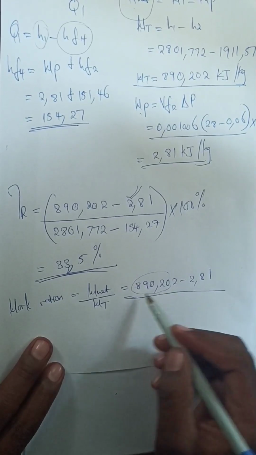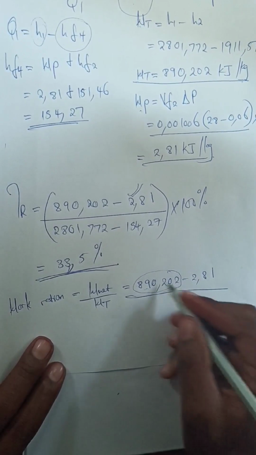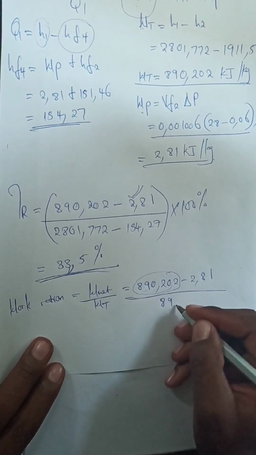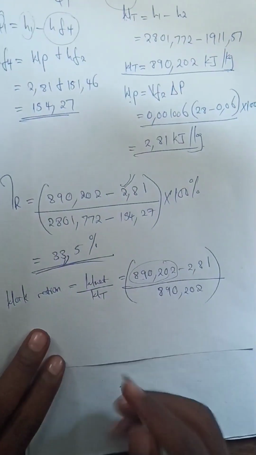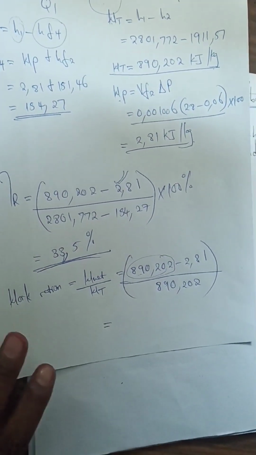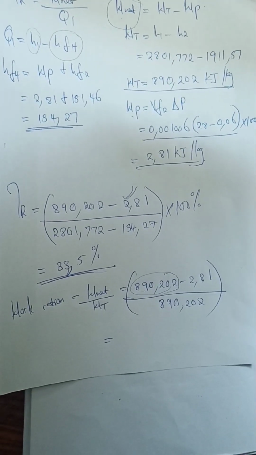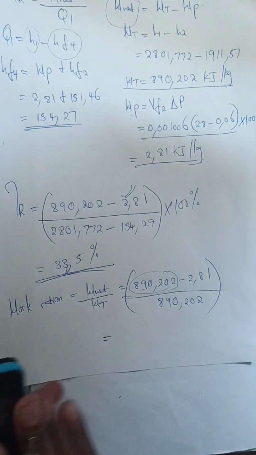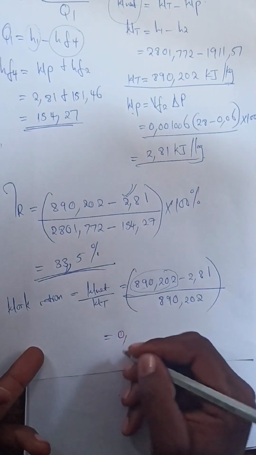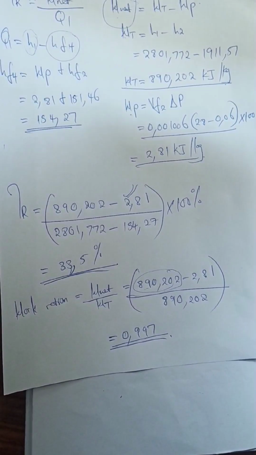This is the work turbine, because the work net is the work turbine minus the work pump. So we take this work turbine here, 890.202, punch this on the calculator, and check our answer. If we punch correctly, we are going to get 0.997 on the work ratio. Then I'm done with the work ratio.